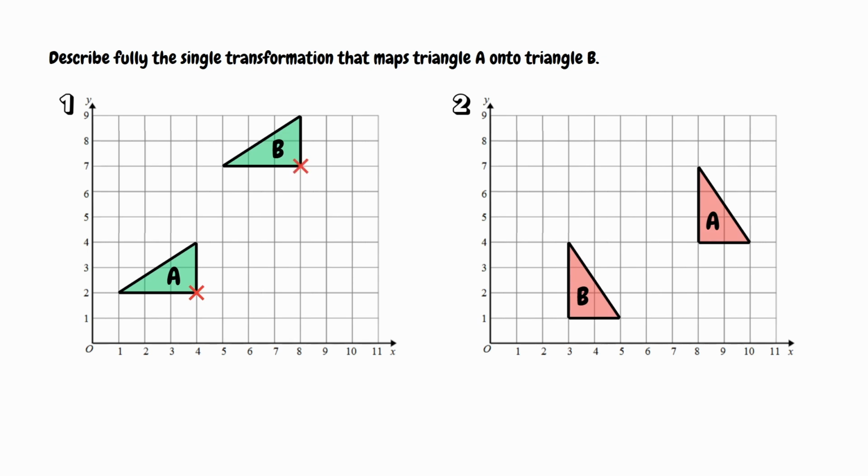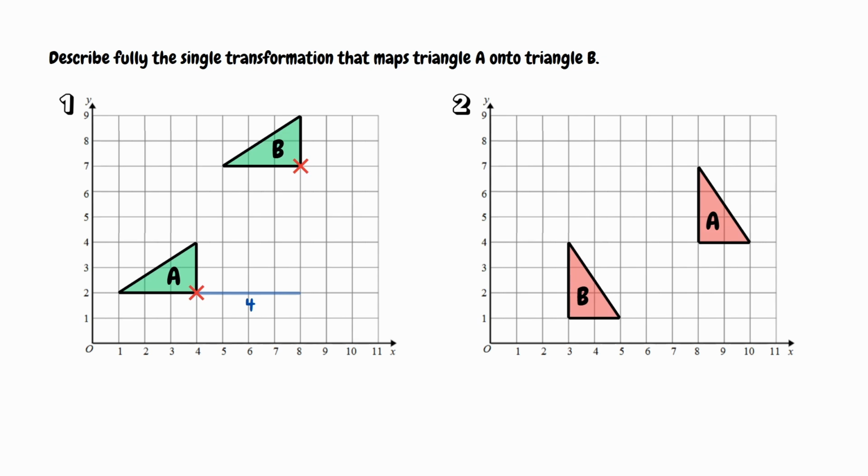So now to find the vector, we need to see how much we've moved in the x-axis. So if we look at the point for A, we have an x-coordinate of 4. And if we look at B, we have an x-coordinate of 8. So we've moved across the x-axis 4 to the right. So that would be positive 4. And then we're going up.